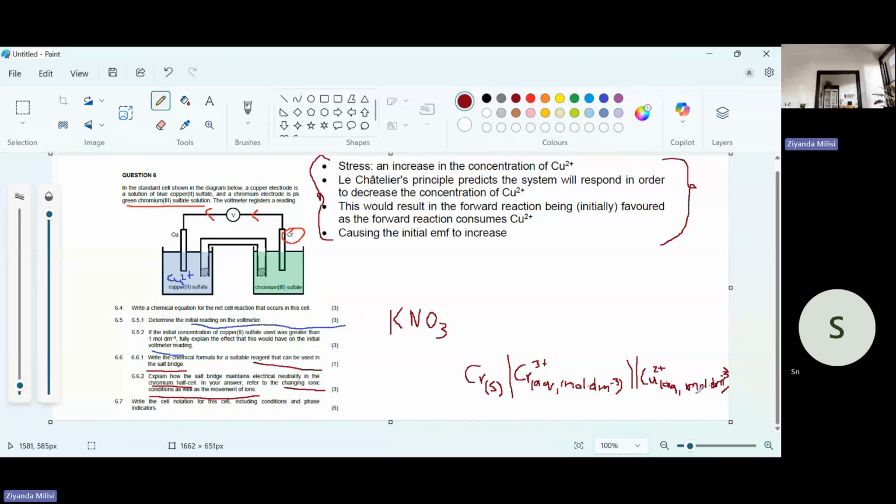All right. Then slash Cu, which is a solid, and you write at 25 degrees Celsius.